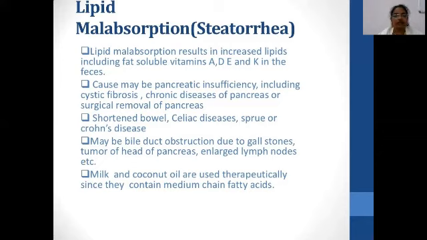Then short bowel, celiac disease, or Crohn's disease. Maybe bile duct obstruction due to gallstones, tumor of the head of the pancreas, enlarged lymph nodes, etc. Milk and coconut oil are used therapeutically since they contain medium chain fatty acids, in treating some of the malabsorption of lipids.